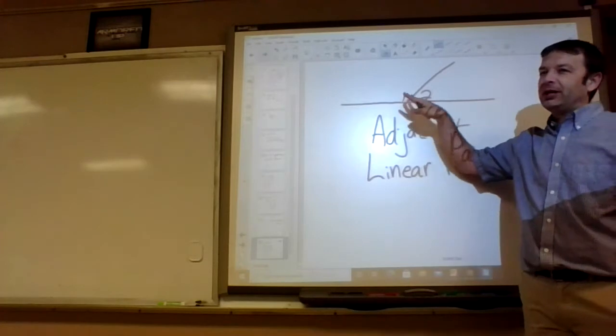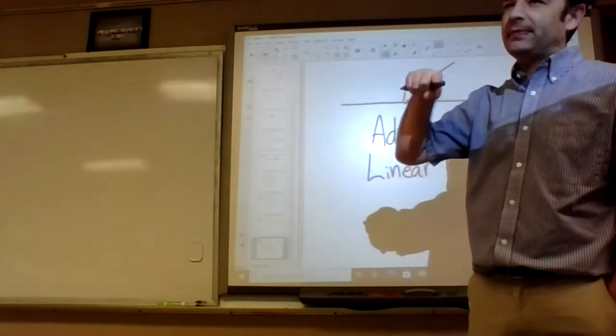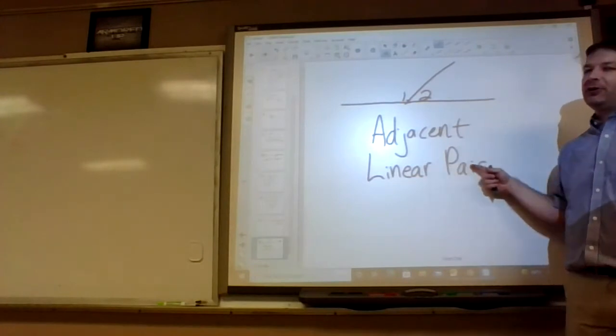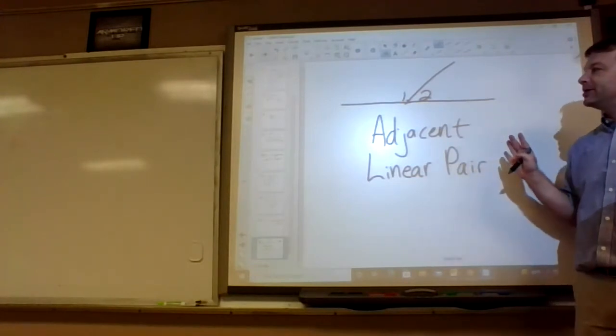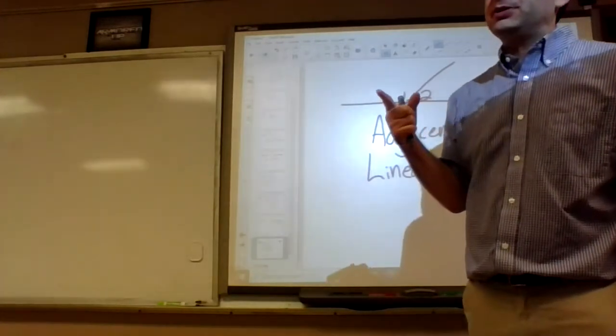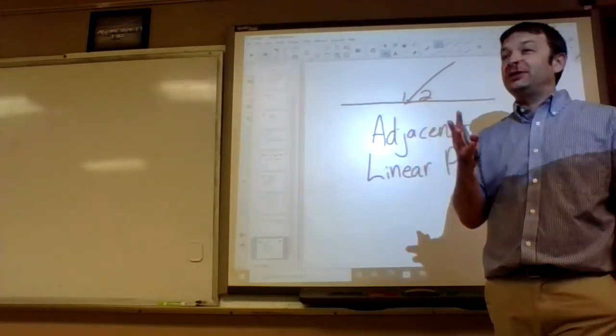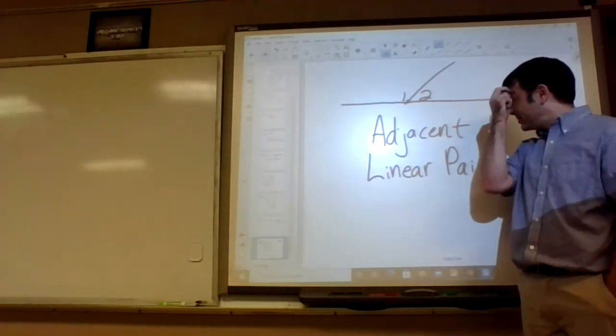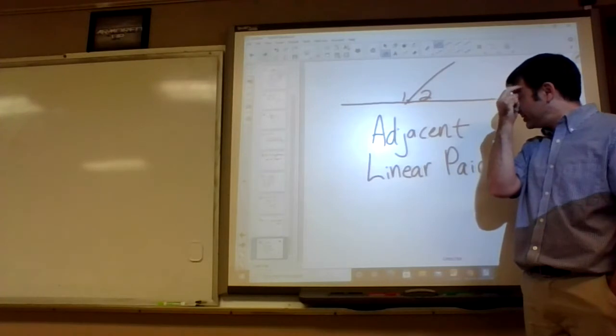That they add up to 180 is a theorem. I think they called it the linear pair theorem, actually. If you don't remember the name of the theorem, it doesn't matter. But if you have to reference it, you just say what the theorem is. A linear pair always adds up to 180. Just say that.